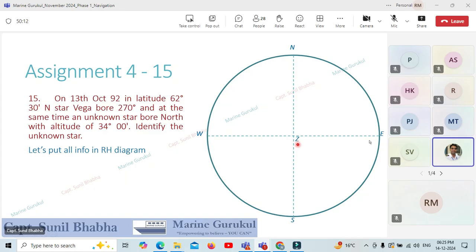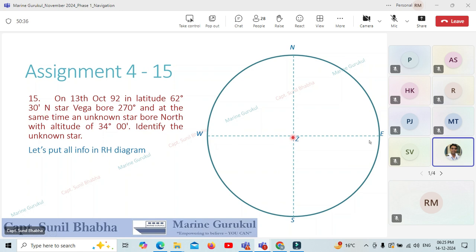Irrespective of where the observer is or where the body is, these points NESW on the rational horizon and point Z at the center remain at these locations only. Now in this question they have given us the latitude. The latitude is 62 degrees 30 minutes north.